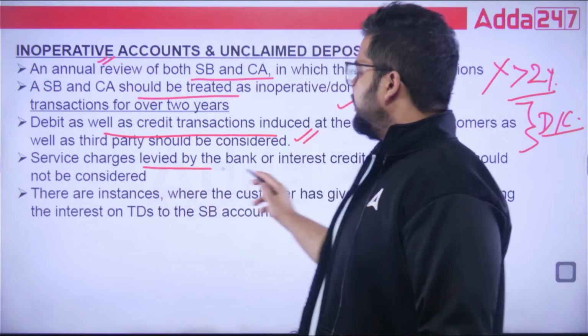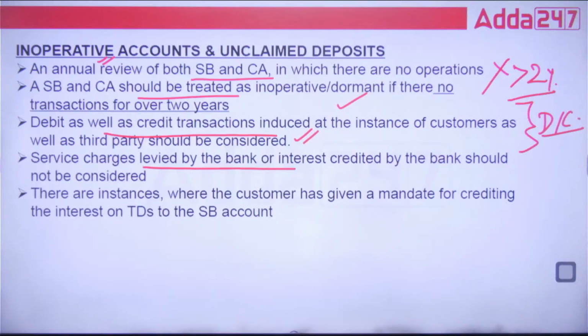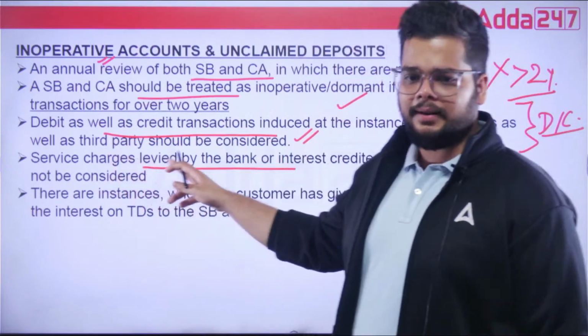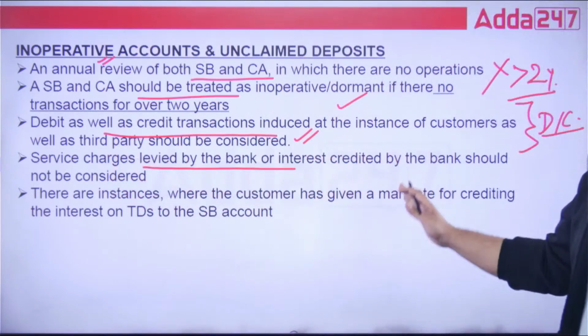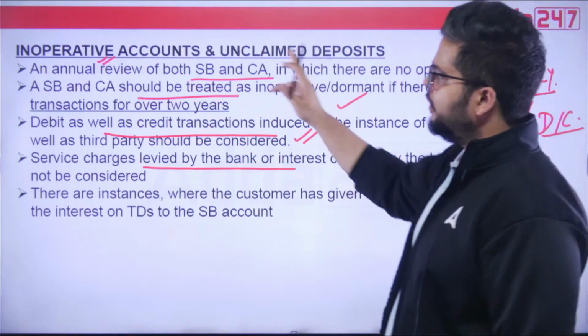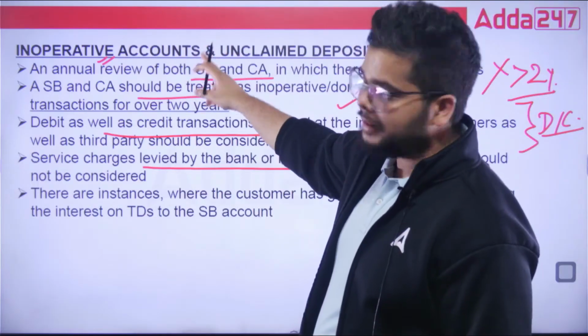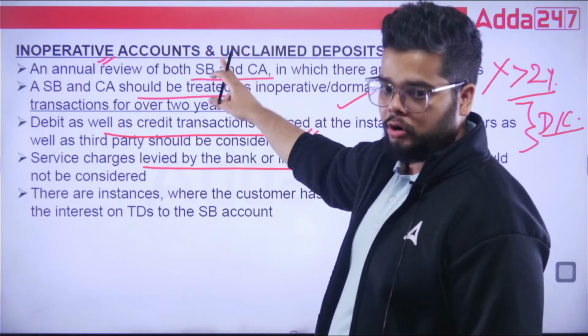Then service charges levied by the bank or interest credited by the bank should not be considered. Debit or credit in the form of service charges or interest credit will not be factored in when we are specifically saying that this particular account is inoperative or not.